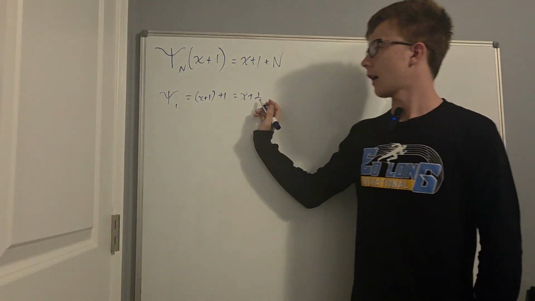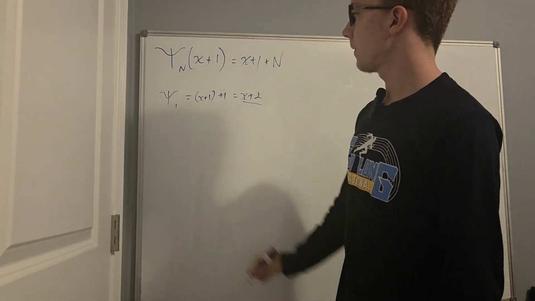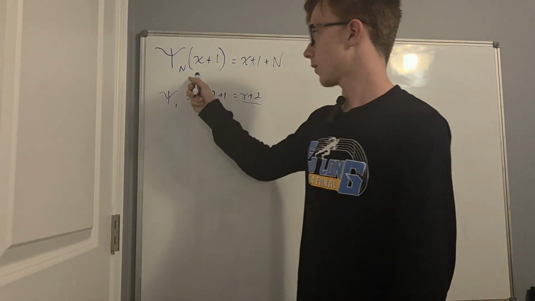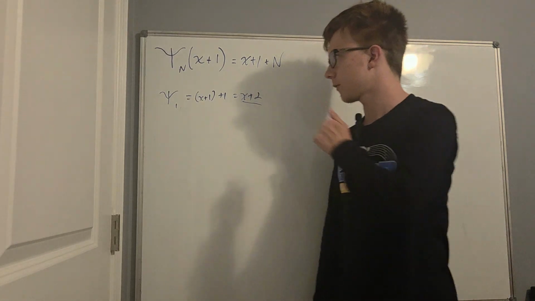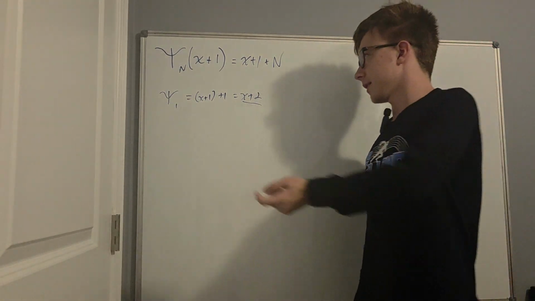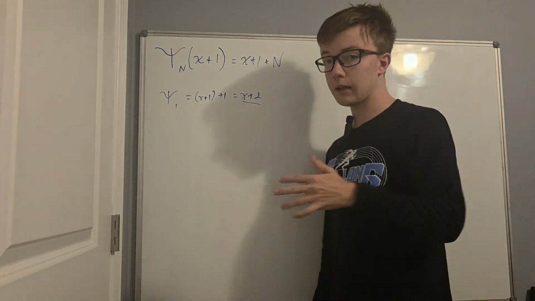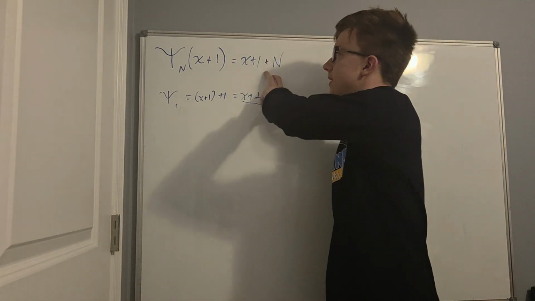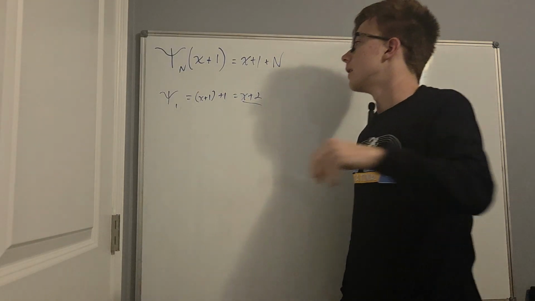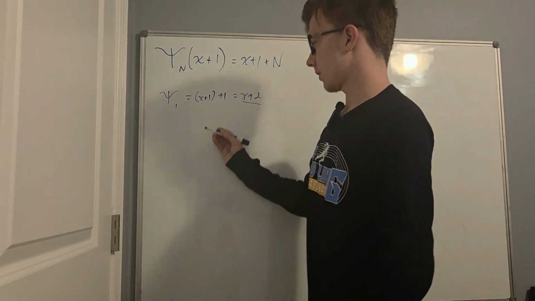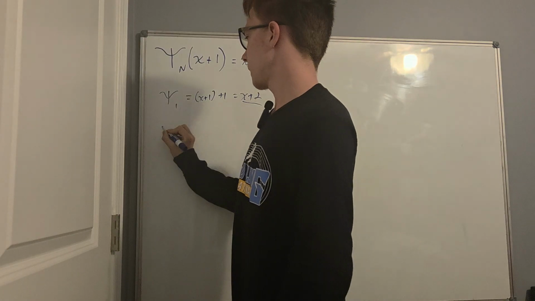So from there, I already know this is true, right? And obviously I know the 0th composition is just the function itself. So I can tell that there's the difference of 1, right? So that's already a little bit of a clue that what we're looking for here is something we're adding or subtracting.